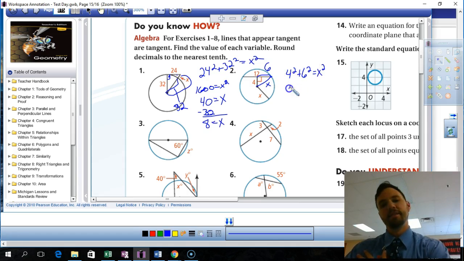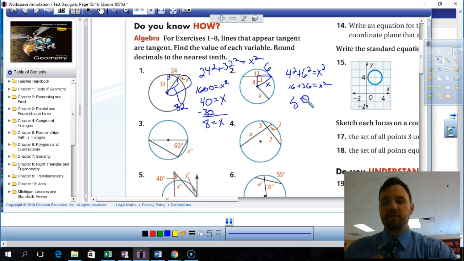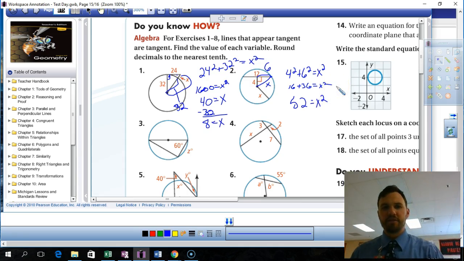So that's 16 plus 36 equals x squared. That's 52 equals x squared. Square root it, please. It said find the nearest tenth. So I got 7.2 equals x. Alright?